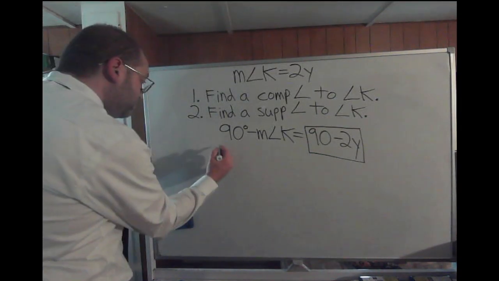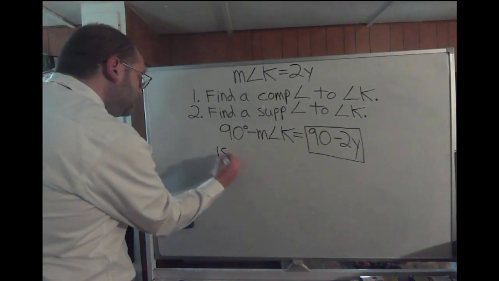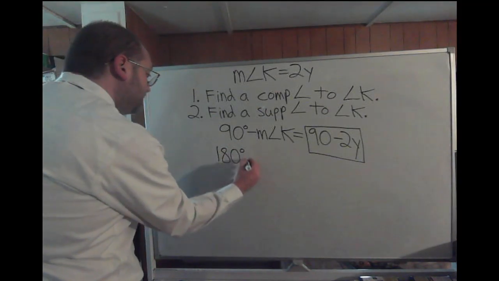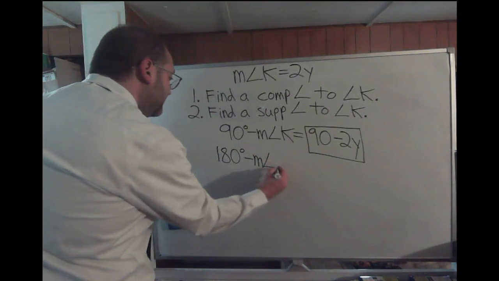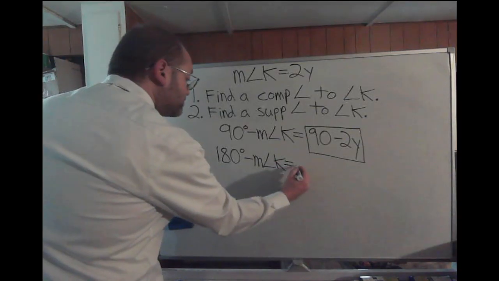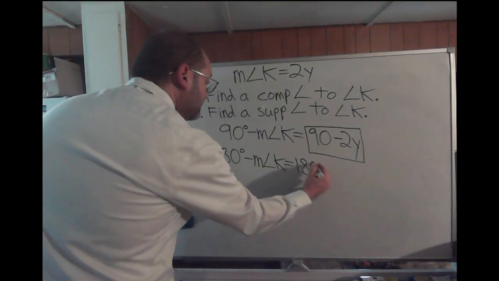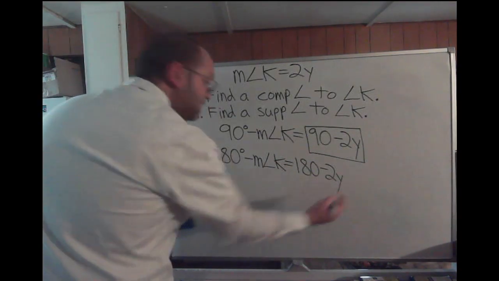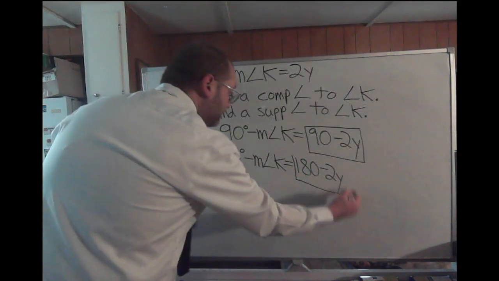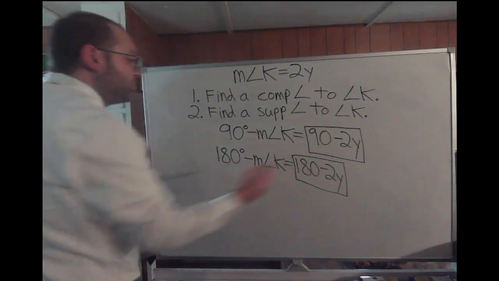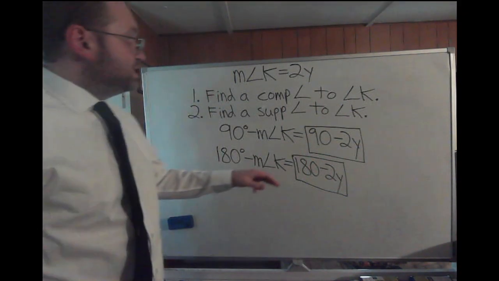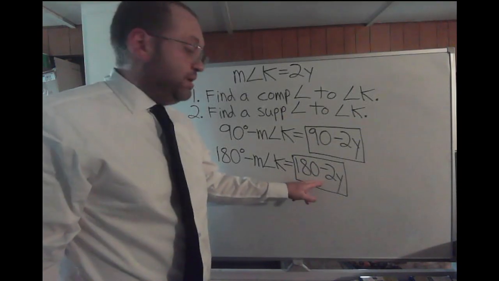And likewise, we'll do it with the supplementary angle. You'll take 180 degrees minus the measure of angle K, which is going to equal 180 minus 2y, and that doesn't simplify any further, so the supplement to angle K is 180 minus 2y.